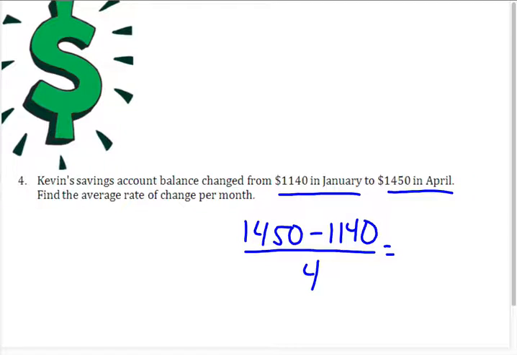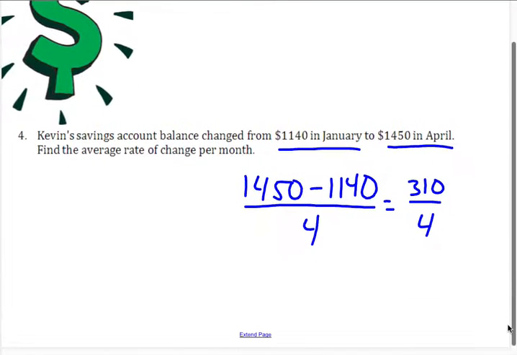So 1,450 minus 1,140 is 310, and we're dividing it by 4. So let's grab our calculator here. Handy dandy little TI.